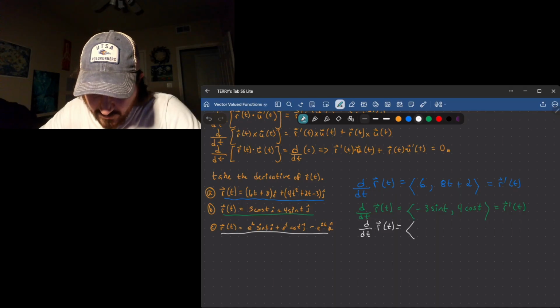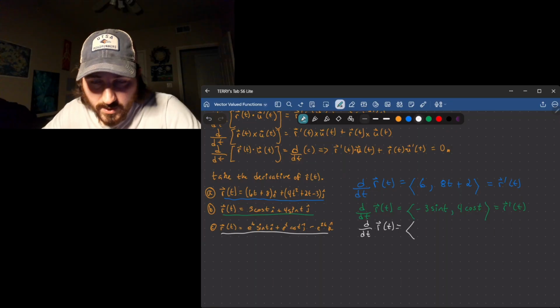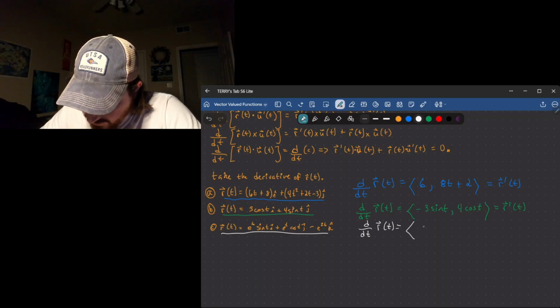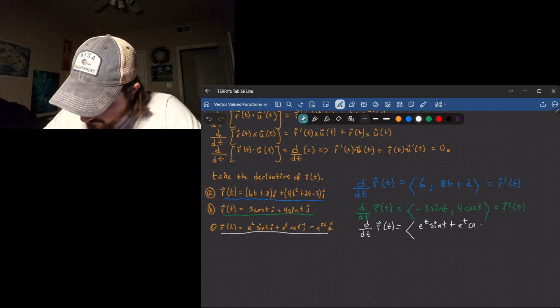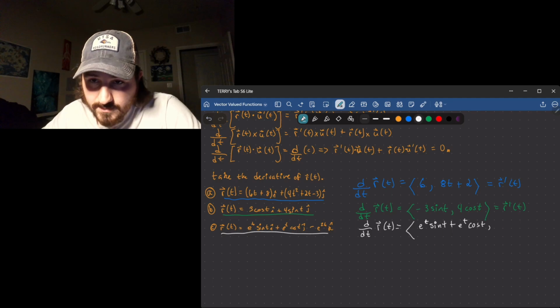So since these are both with respect to t, we do have to do a product rule here. So we'll get e to the t, which is the derivative of e to the t, times sine of t. And then you'll say plus e to the t times the derivative of sine of t, which is just cosine of t. And all of that is our x component. Okay?